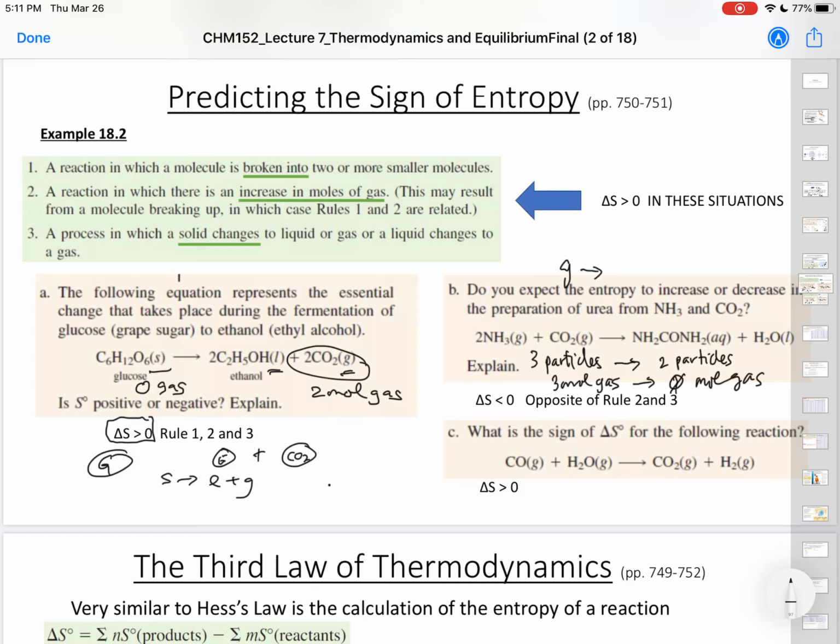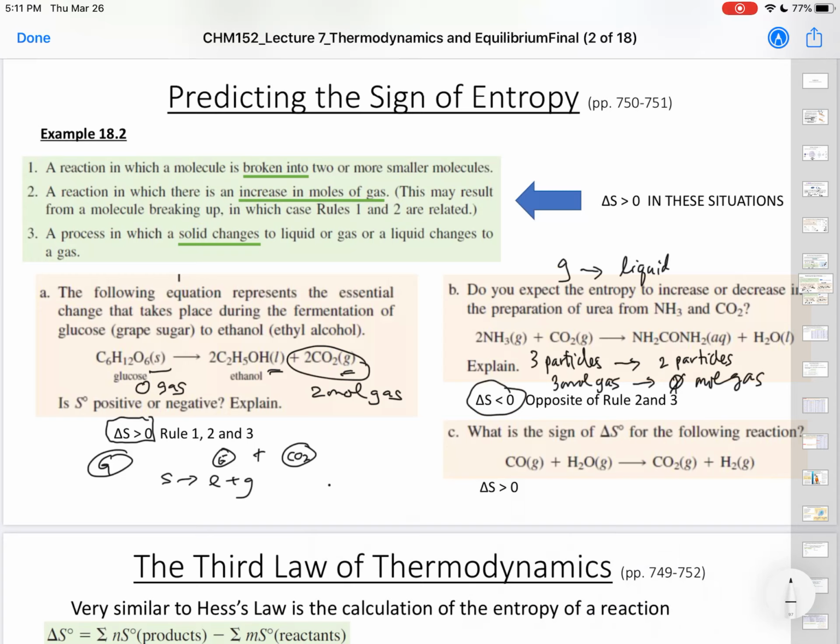And you have a gas becoming a liquid, so that's the opposite of rule number 3. So therefore, in all 3 cases, it does predict that delta S would be negative, because it is the opposite of rules 1, 2, and 3.